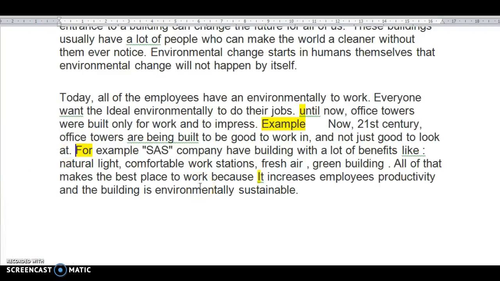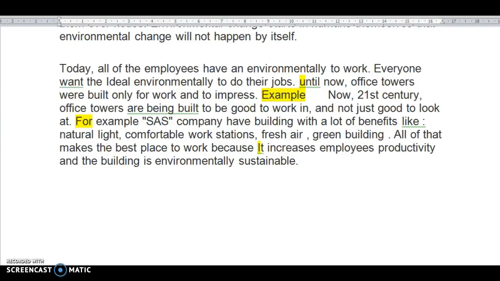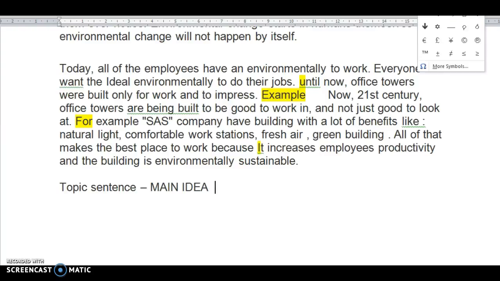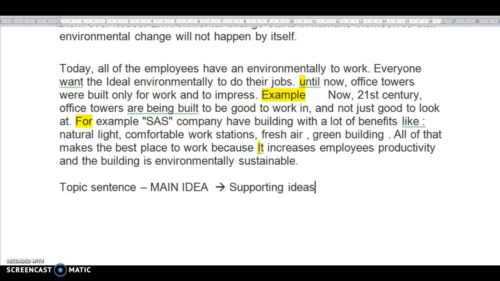So let's sum up a couple of different things. So what do we need in our paragraph? We start here with a topic sentence. This has the main idea. And then I continue. The next sentence says, continue with supporting ideas.